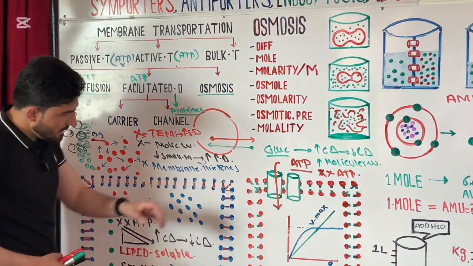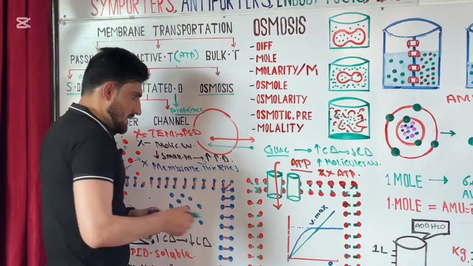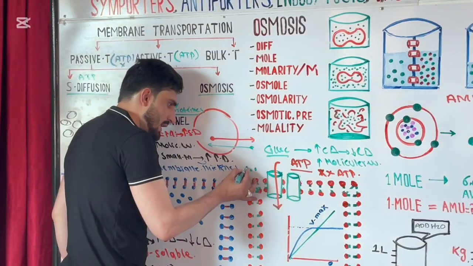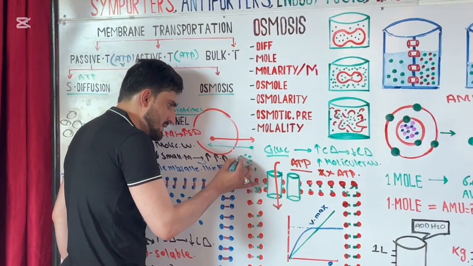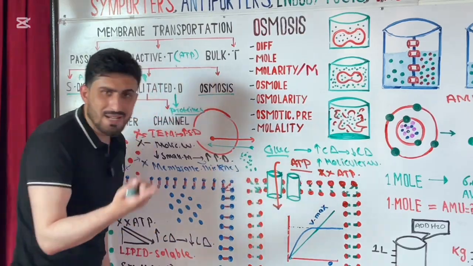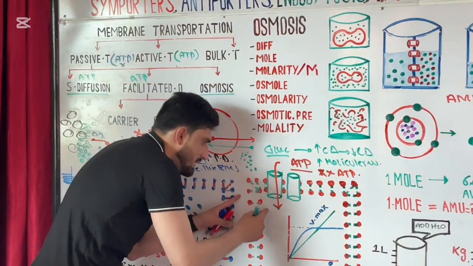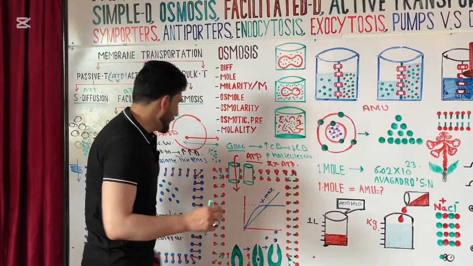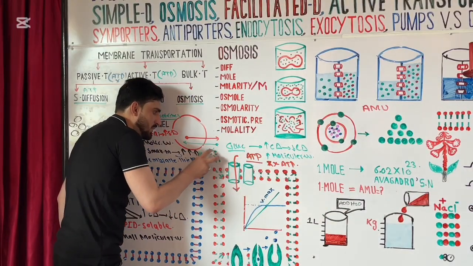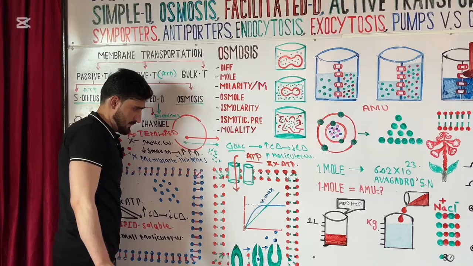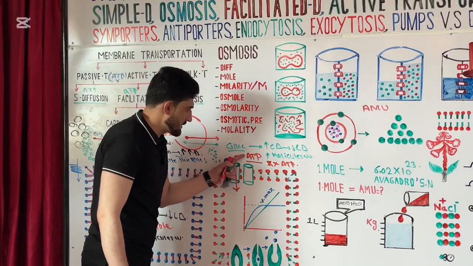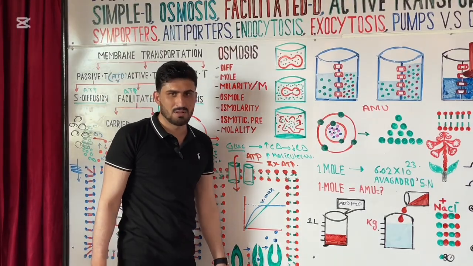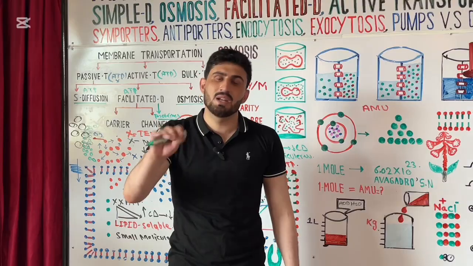But in facilitated diffusion, as substances increase, up to some point diffusion increases, but after some time, when the concentration of molecules increases, the movement of substances doesn't increase.